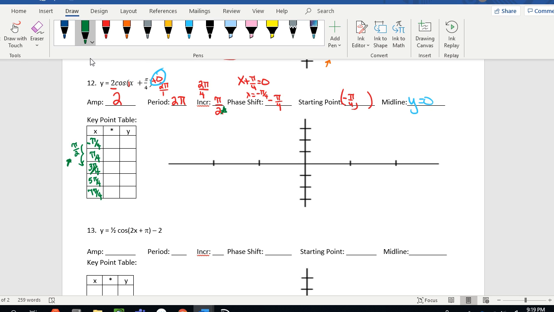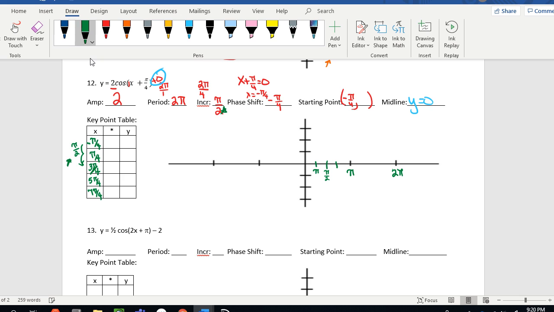And what that means is that we have to know how to spread that out up here. So this 7 quarters is really close to 2 pi, so I'm going to make this 2 pi, and this is going to be pi, and halfway is pi over 2, and on either side of that we have quarters.